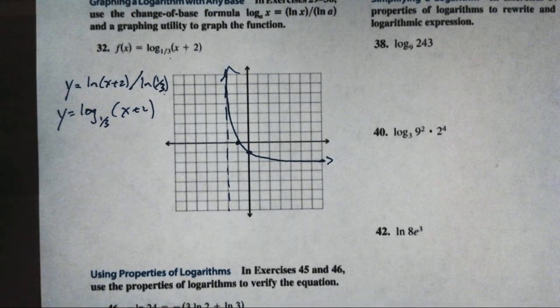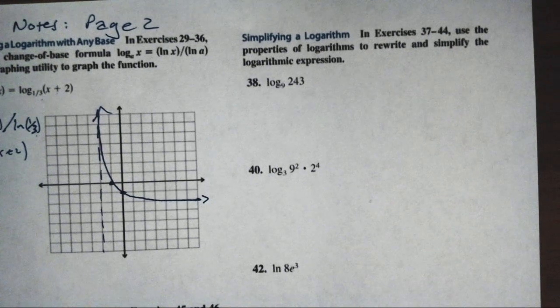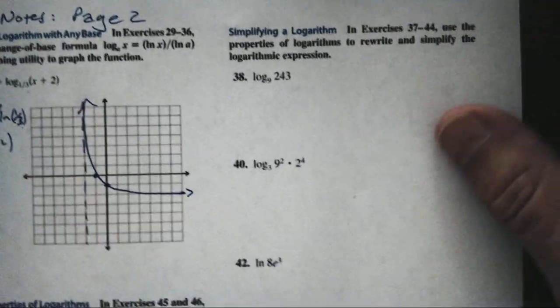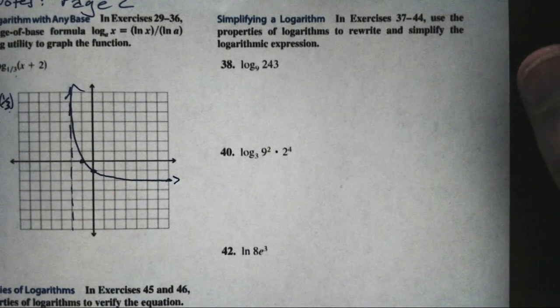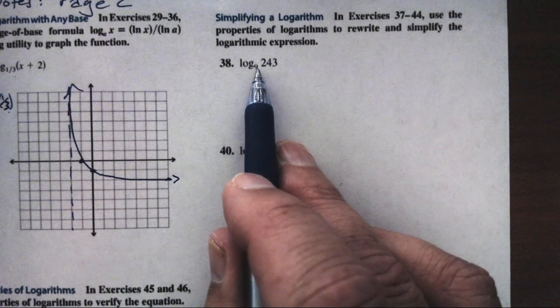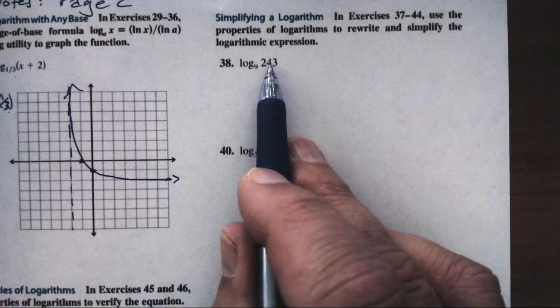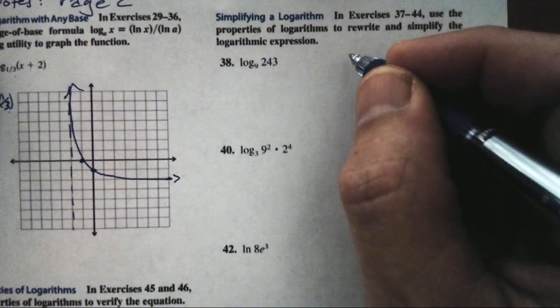Okay. All right, let's jump to 38. Use the properties of logarithms to rewrite and simplify the logarithm. Well, my hope is that 243 divides by 9, and 2 plus 4 is 6, and 6 plus 3 is 9, so our divisibility test tells us it will.